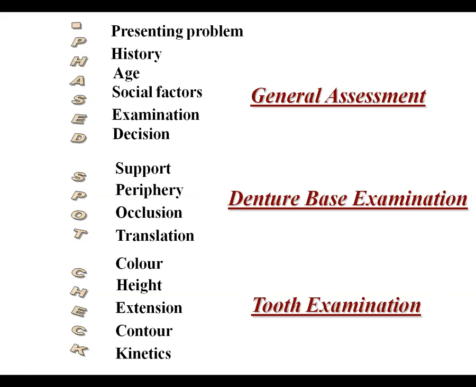Then history, age, social factors, examination, and decision. In denture-based examination, you have to check support, periphery, occlusion, and translation. As far as tooth examination, be aware of color, height, contour, extension, and kinetics.